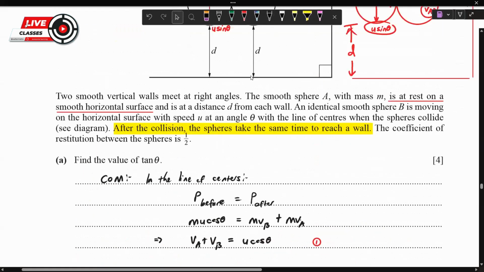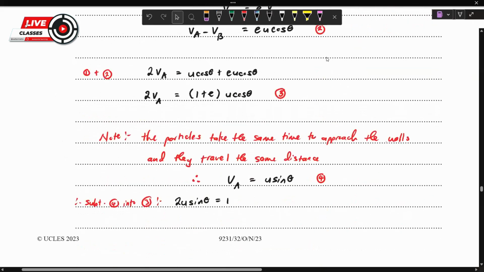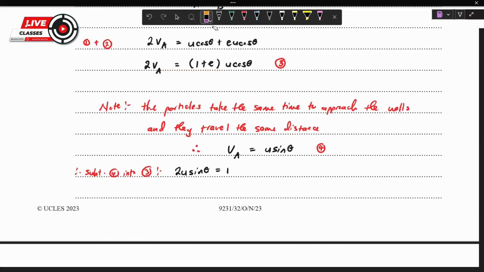We have been told that the coefficient of restitution between the spheres is a half, where 1 plus E is 1 plus a half, and 1 plus a half is 3 over 2. So we essentially have 3 over 2 of U cos theta.